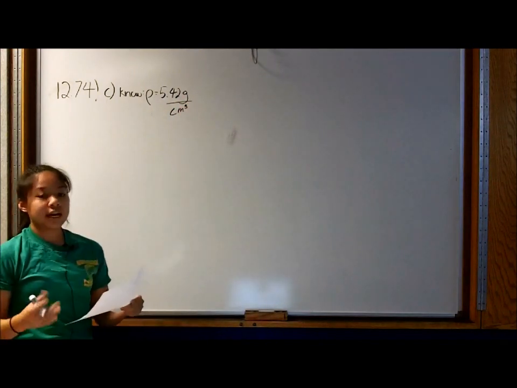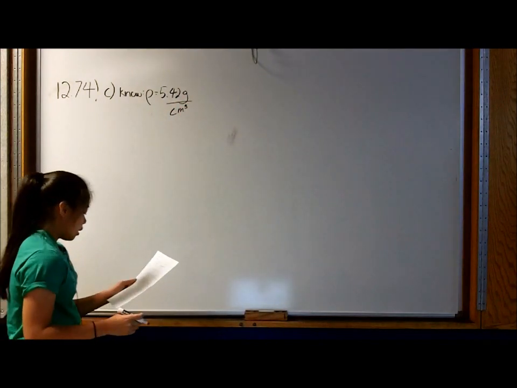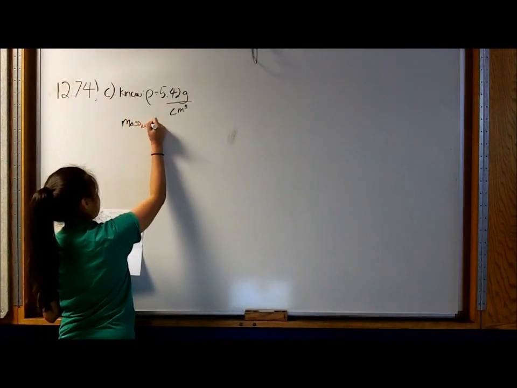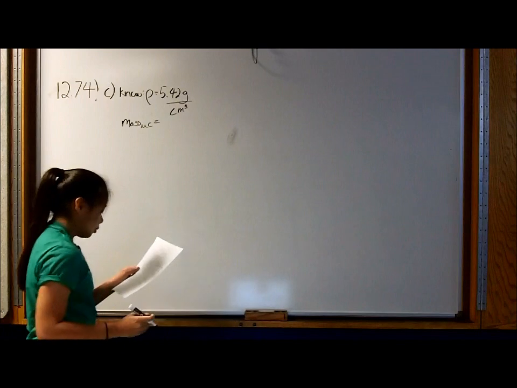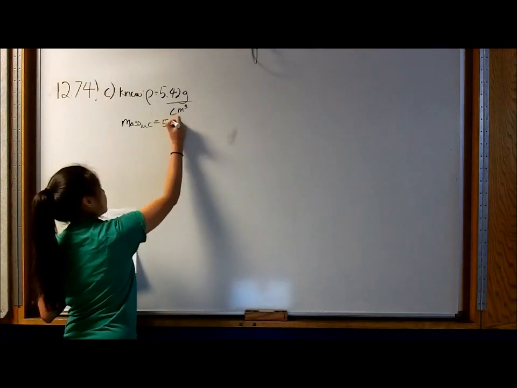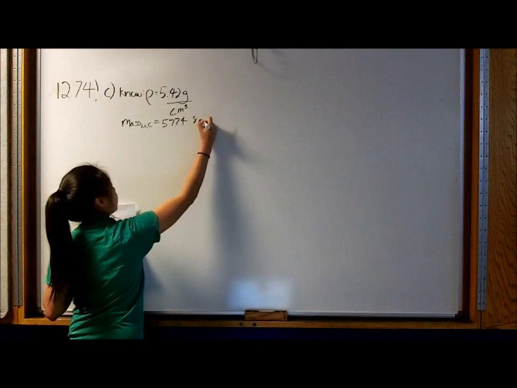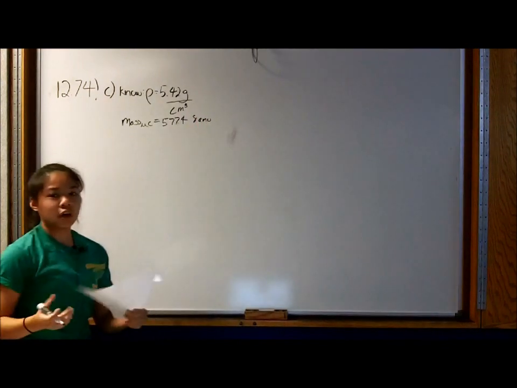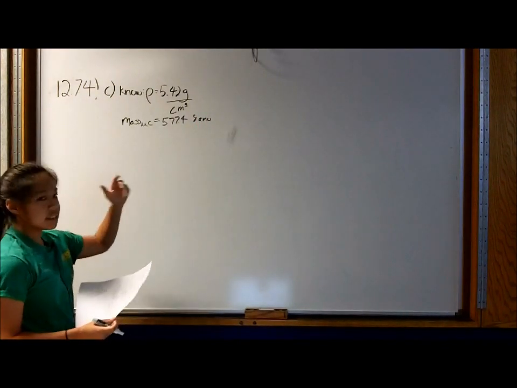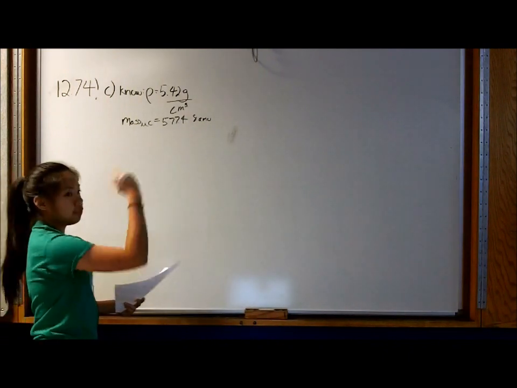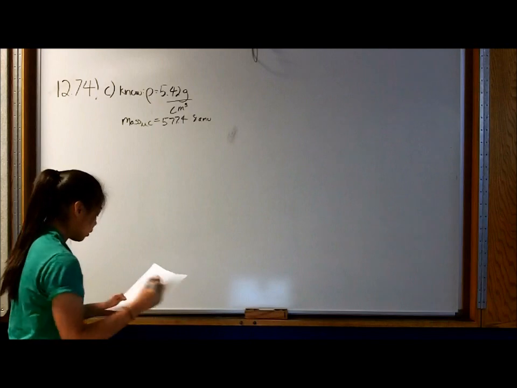And you know from your last part of the problem that the mass of the unit cell is 577.48 AMU. Now we can look at this problem, and we see that there's a disconnect between the units. But we know that AMU can convert to grams.